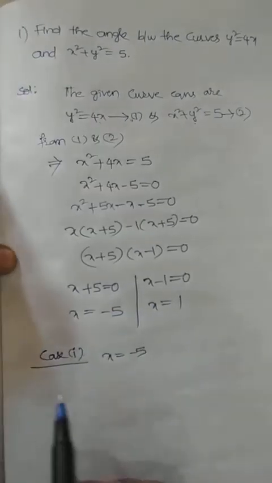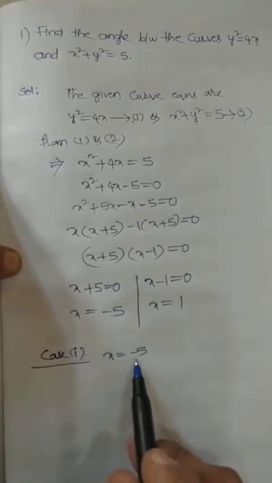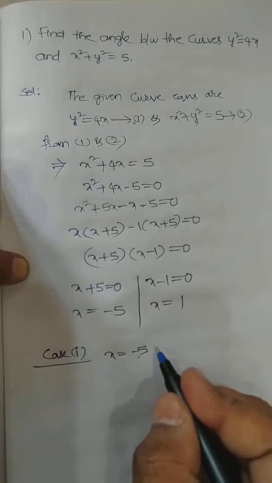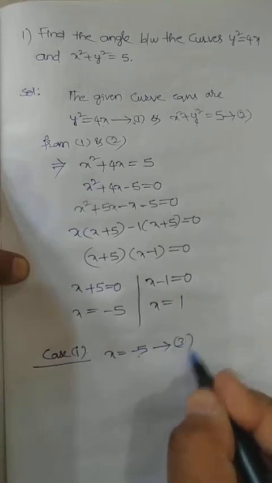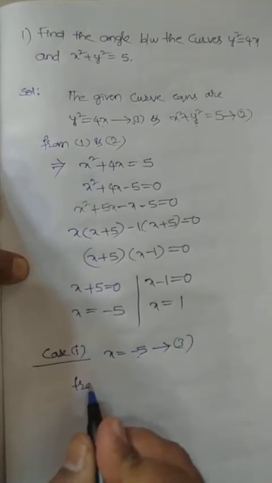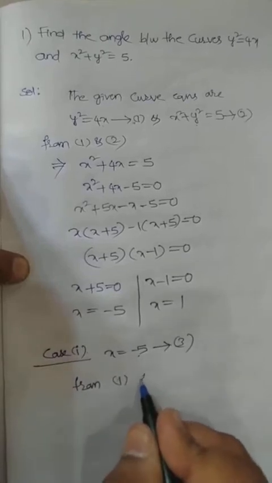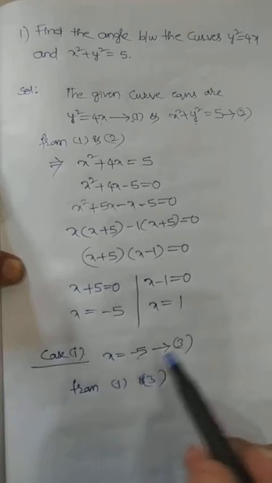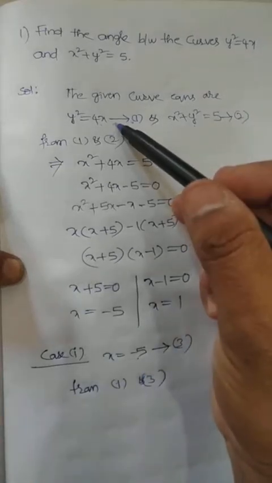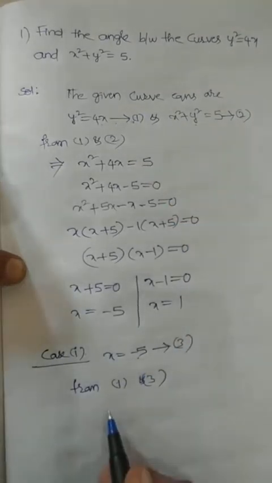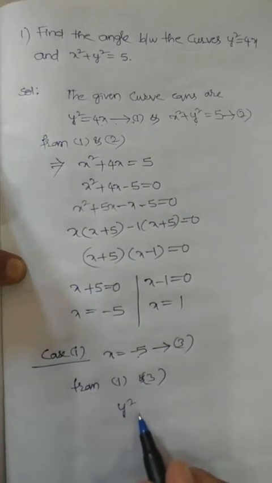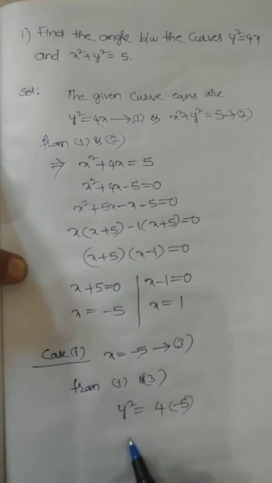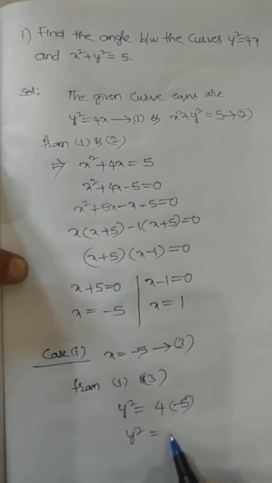So in case 1, I am taking x is equal to minus 5. This is equation number 3, let us suppose. From 1 and 3, I am substituting x equal to minus 5 in equation number 1. So y square is equal to 4 times minus 5, so y square is equal to minus 20.